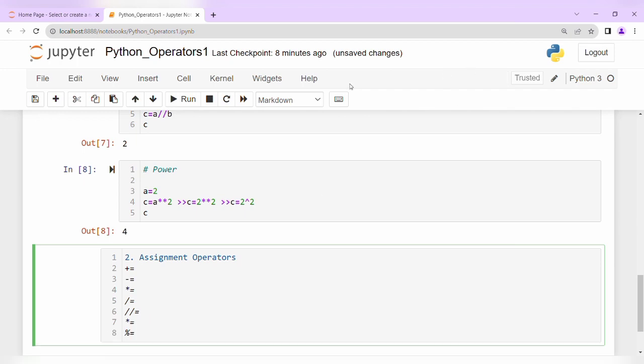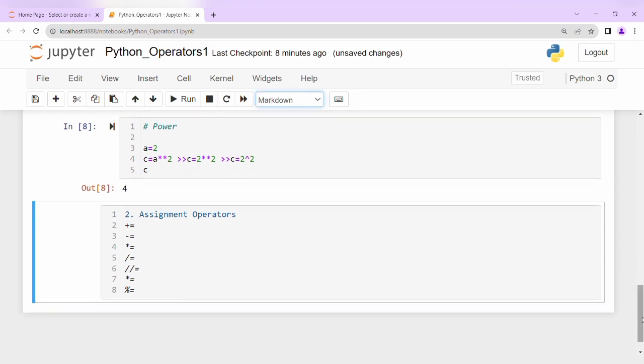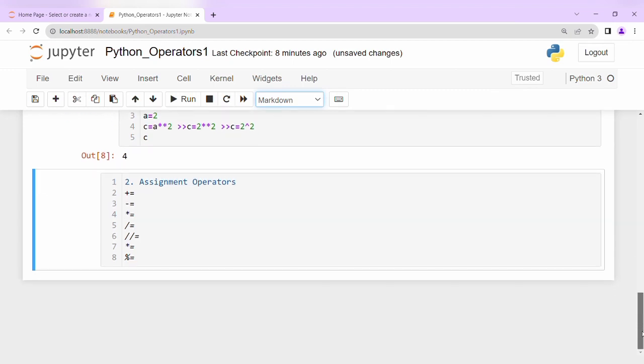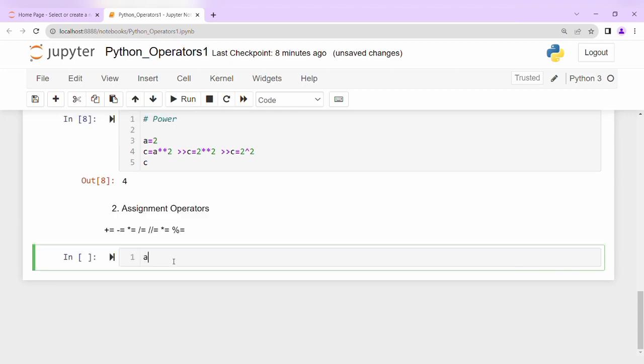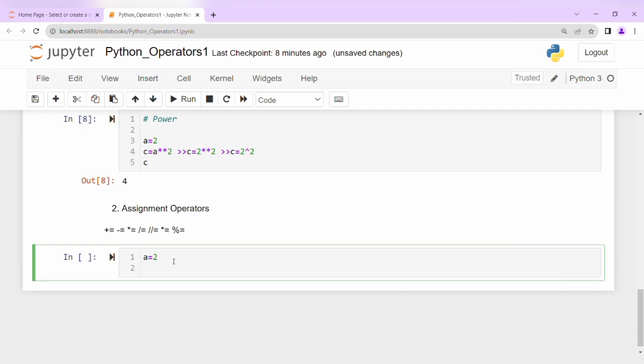Select as Markdown now. See the first one. For example, A is equal to 2, and just write A plus equal to 2. So what it does? It does A is equal to A plus 2.